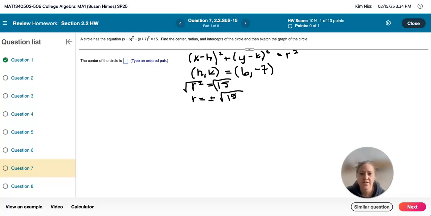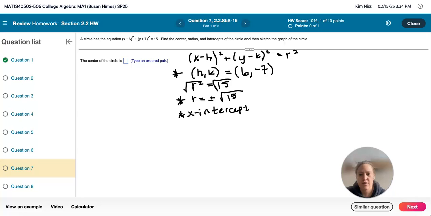So to find the x-intercept, so this is center and we have radius, so now we're going to go for x-intercepts. To find the x-intercept, it's just a matter of plugging in 0 for y and solving for x.